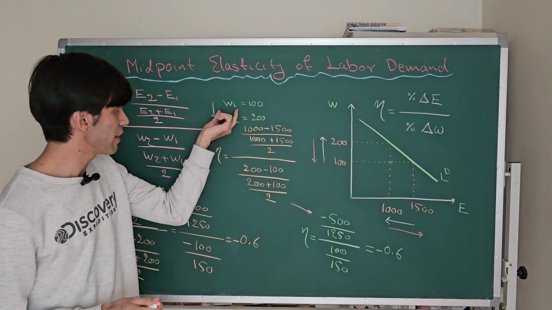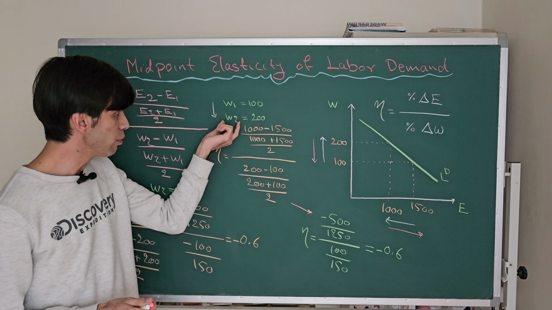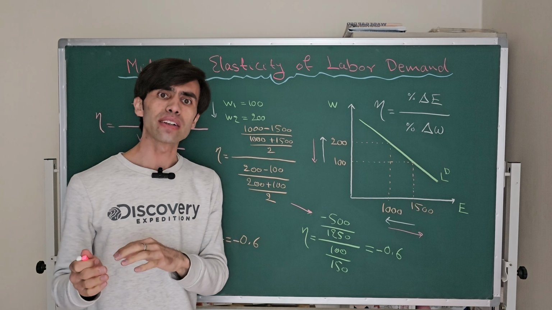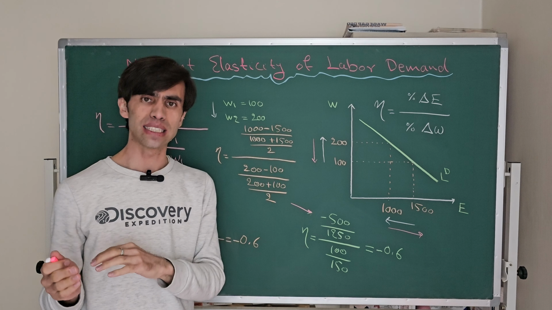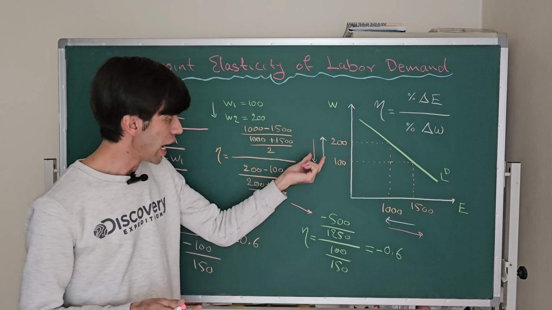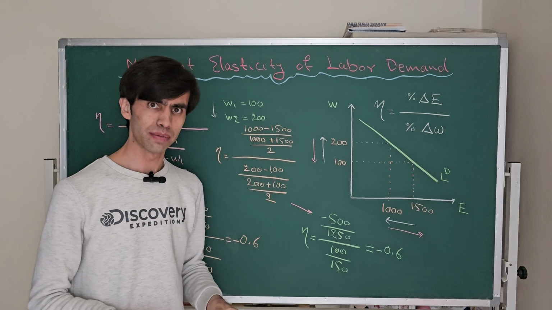For example, if the initial value of the wage level is 100, and we move up from 100 to 200, we had a different value for elasticity of labor demand than if we move down from 200 to 100.